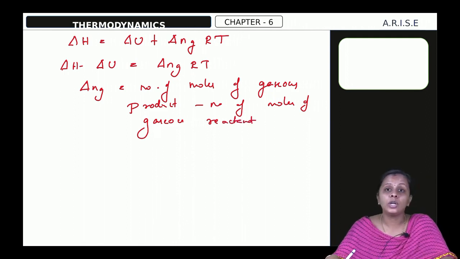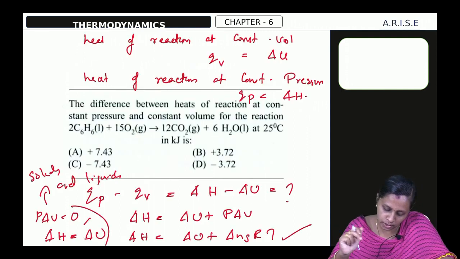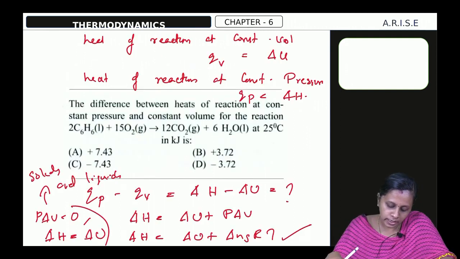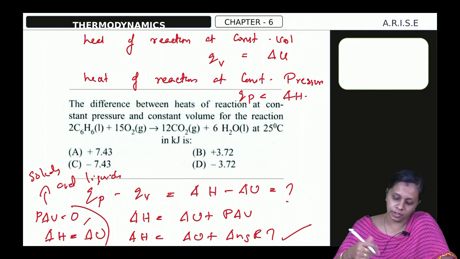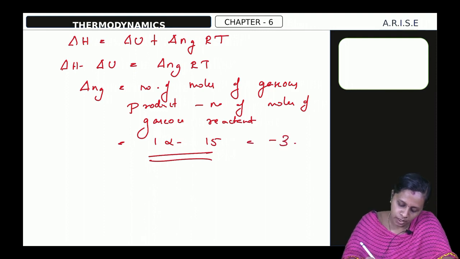On the reactant side, benzene C6H6 is in the liquid state, so we don't have to consider it. 15 O2 is in the gaseous state. On the product side, you have carbon dioxide in the gaseous state, water is in the liquid state. So number of moles of gaseous product minus number of moles of gaseous reactant means 12 minus 15, that is equal to minus 3.